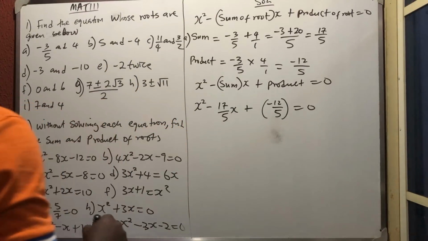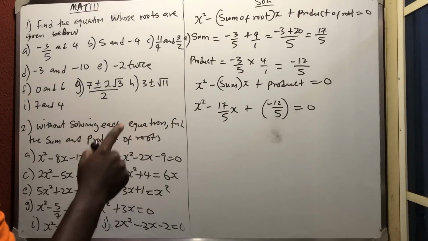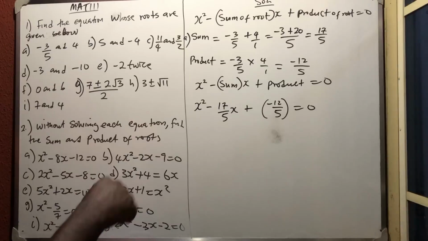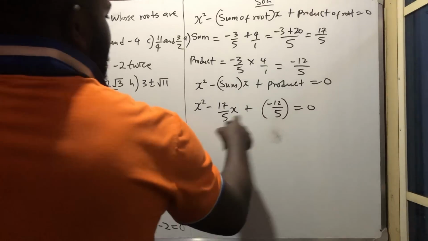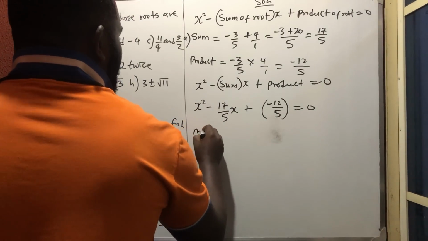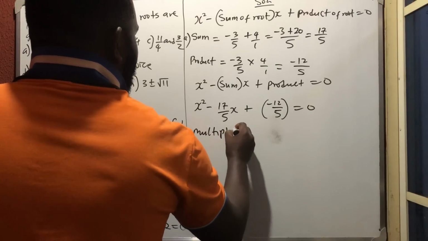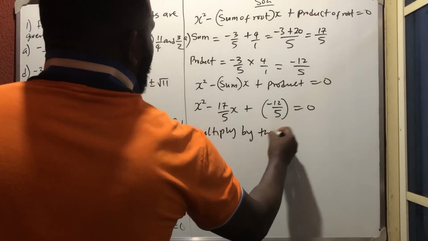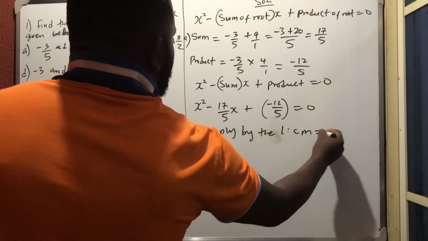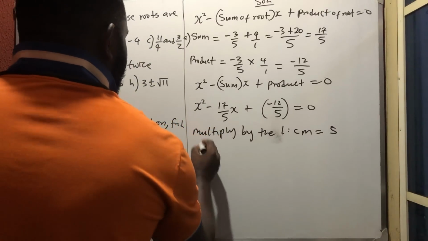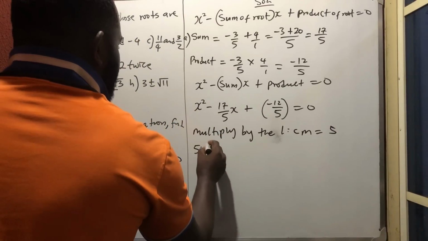So to remove the denominator, multiply each term by the LCM of the denominator, and the LCM of this is 5. So we multiply by 5. I have 5 times x squared, 5x squared.